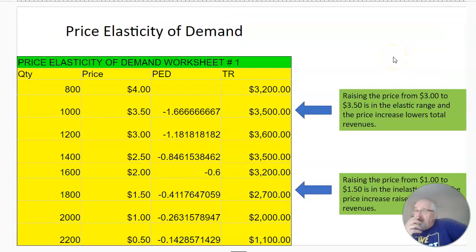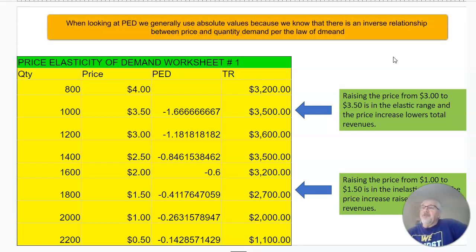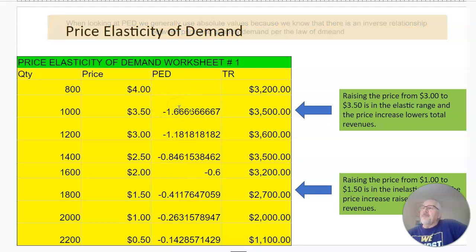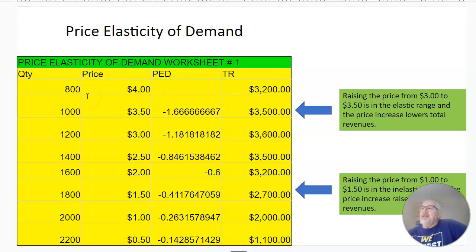Here's just a sample worksheet that I use in my face to face classes that shows here's your quantity demanded here, here's the price. And what this column does is it's looking at, well, what's the price elasticity of demand as we move from this price to that price. And so here our PED is minus 1.66.